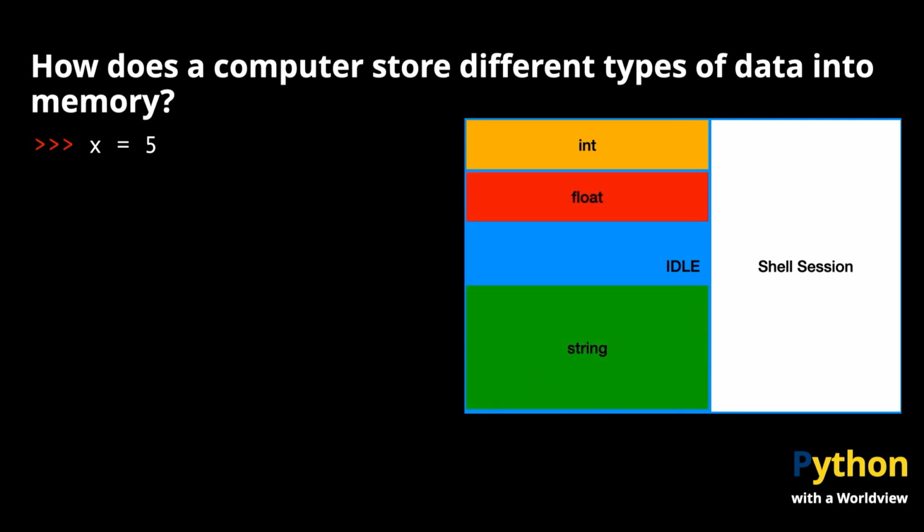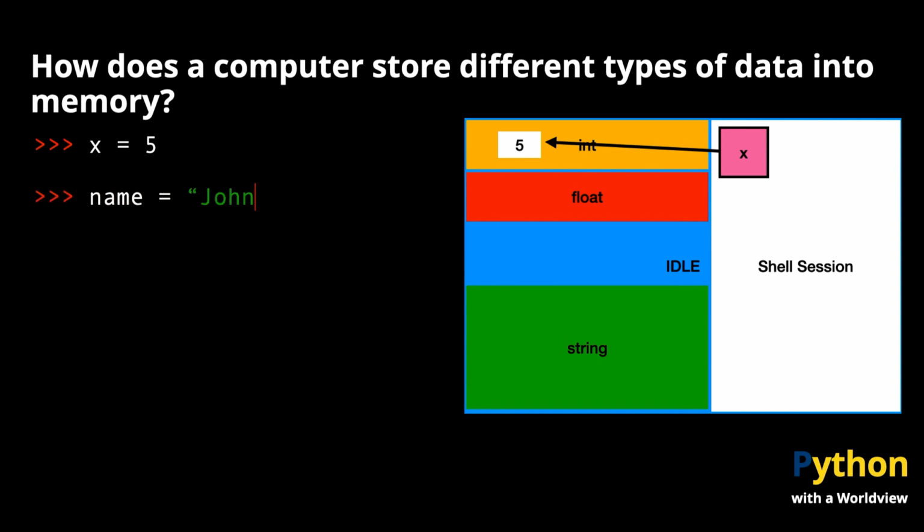So when the user types in x equals 5 in the shell, the name or the identifier x is stored in the shell session block of memory. Inside of that is an address that points to the location in the integer memory block where the value 5 is stored.